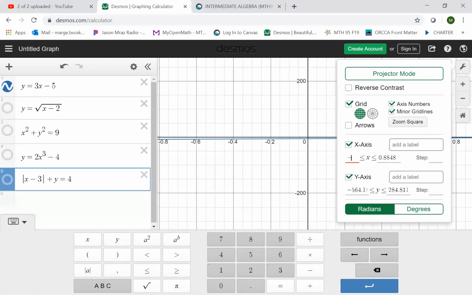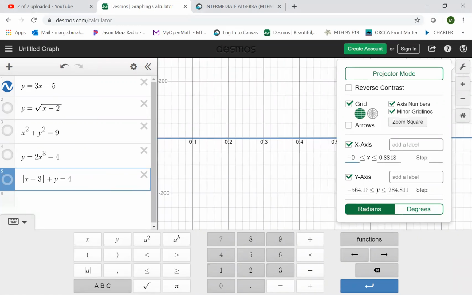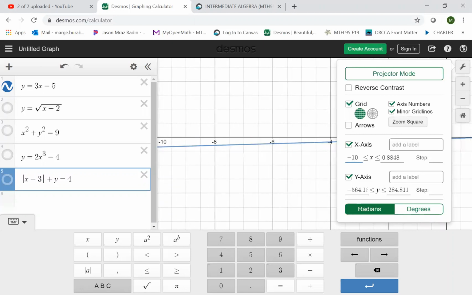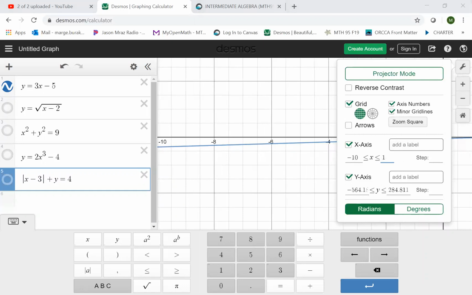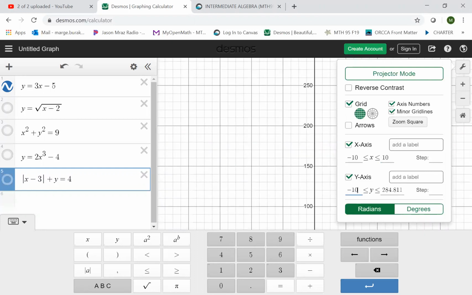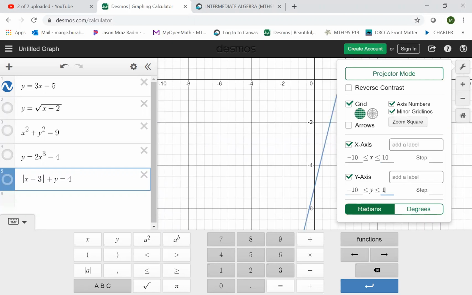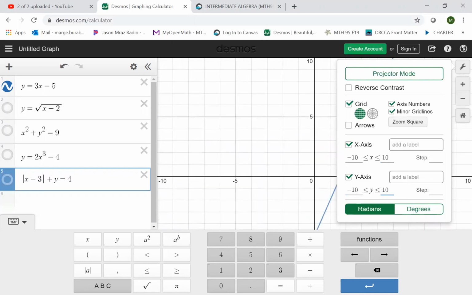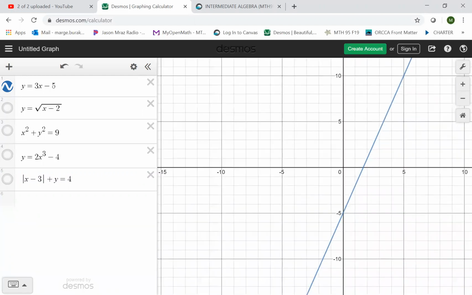From negative 10. I'm sorry, let's go. And we'll go to positive 10. And this one will go to negative 10. And this one will go to positive 10. It's just a 10 by 10 grid. And then I can play with that as I need to.